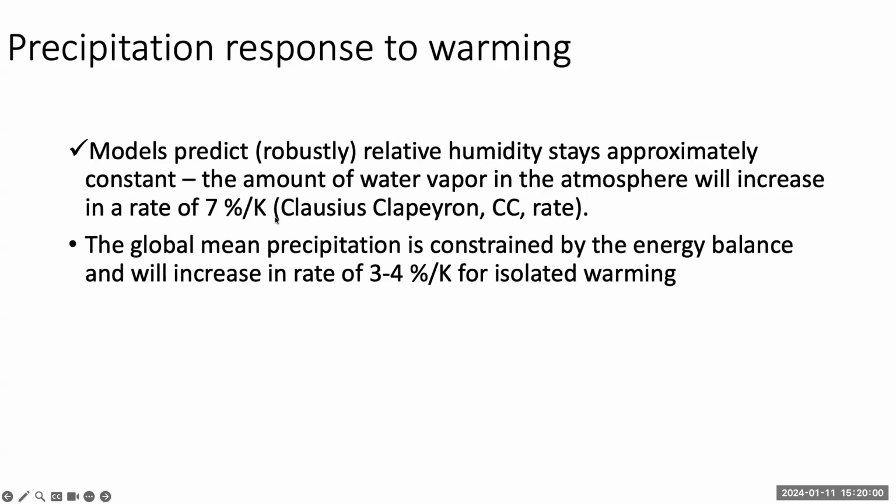but we know that the amount of water vapor increases by 7%. On the other hand, we know that the global mean precipitation is constrained by energy balance, and it will increase by 3 to 4% for isolated warming. Again, this number, if you take the full global warming effect, where we also consider the radiative effect of CO2, is 2 to 3%.